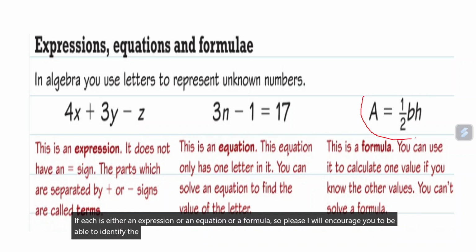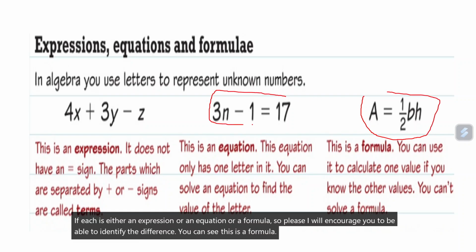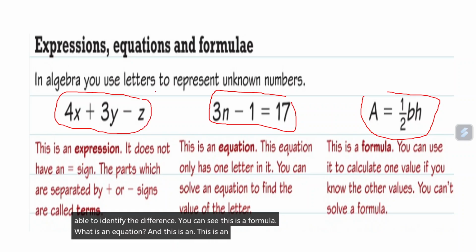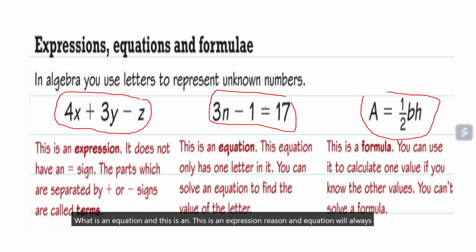You can see this is a formula, while this is an equation, and this is an expression. The reason: an equation will always have an equality sign.